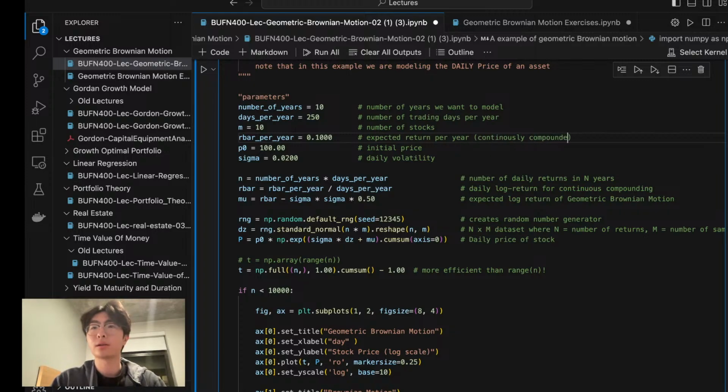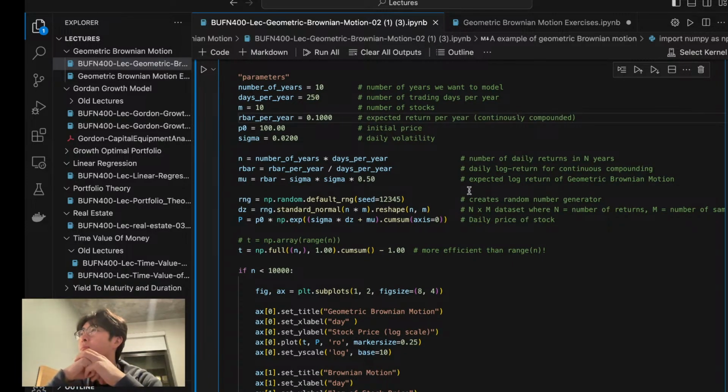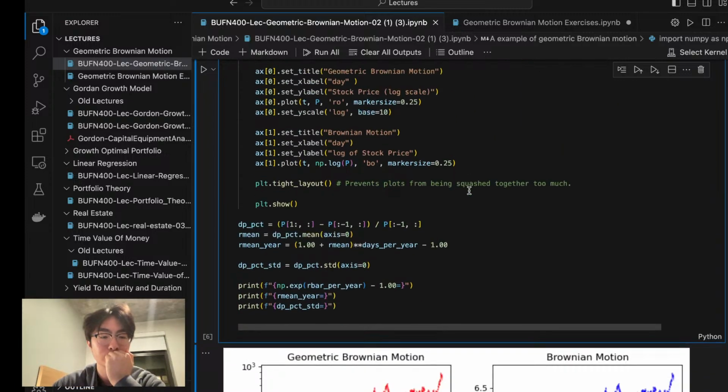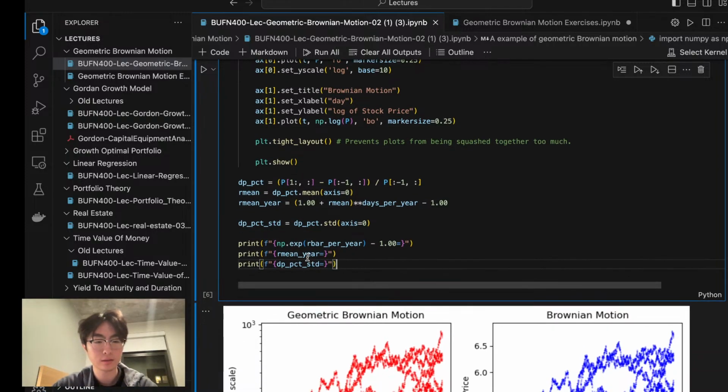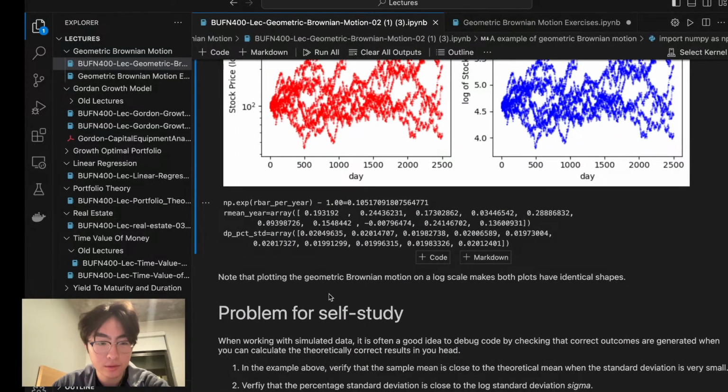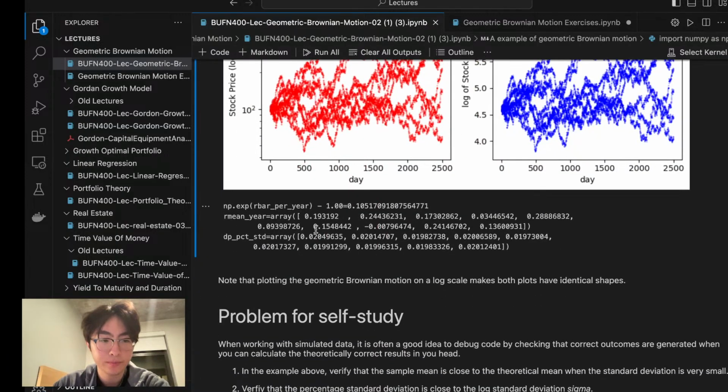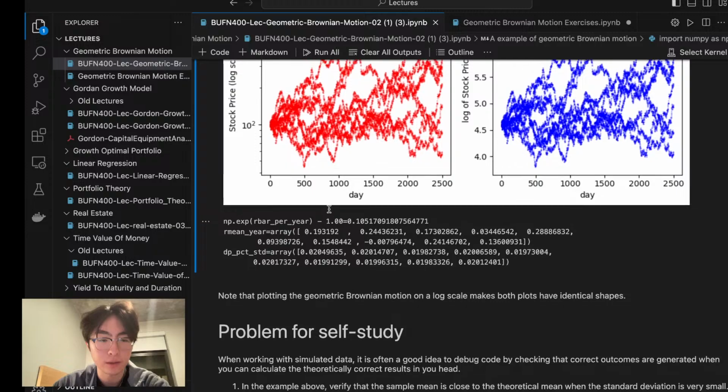Continuously compounded. Okay, I guess we can call R mean, so array is equal to this minus 1 is equal to 10.